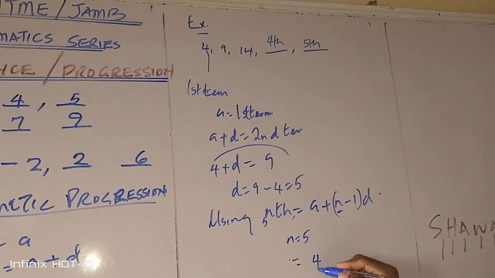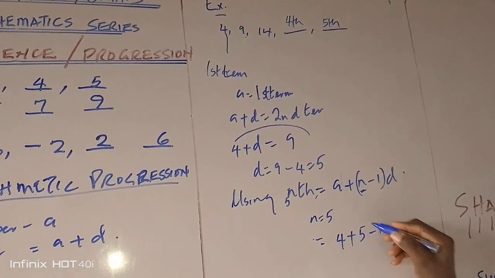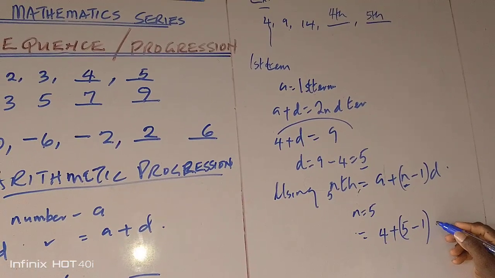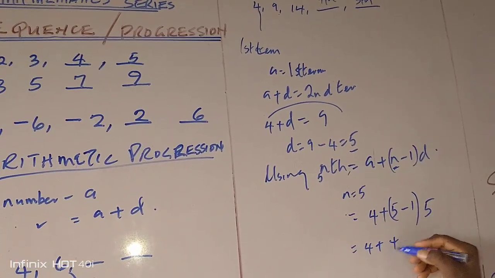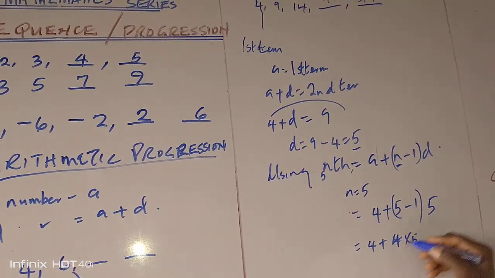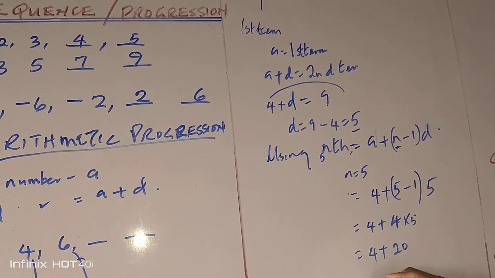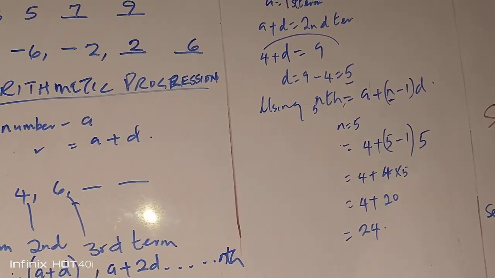My first term is 4, plus the number of terms 5 minus 1, and my common difference is 5. So I will have 4 plus 4 times 5. That gives me 4 plus 20, and that gives me 24. That will be my fifth term. That is how to go.